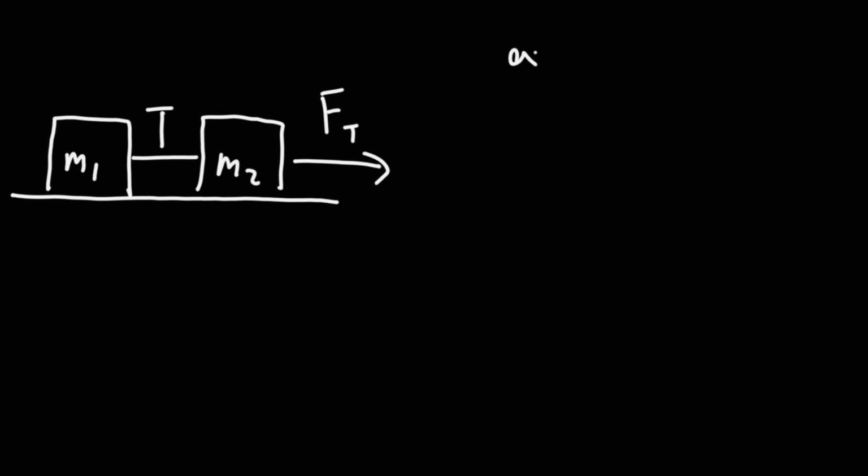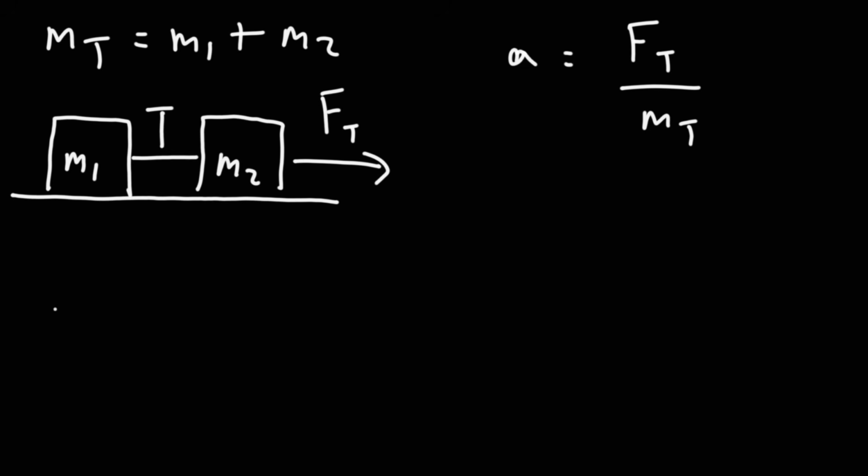The acceleration of the system is going to be the applied force, which is this tension force pulling the whole system to the right, divided by the total mass. Very similar to the last two situations. And we know for this example, the total mass is just m1 plus m2.